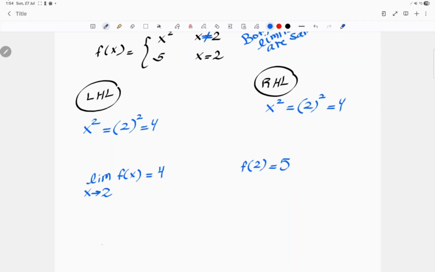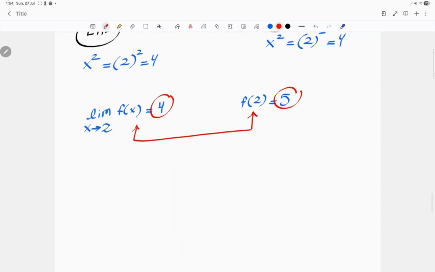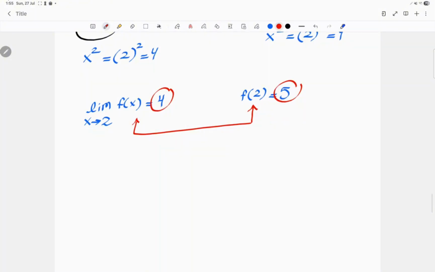So now my question to you is, is the limit the same as the value of the function at 2? Or are they different? One is 4, one is 5. At least tell me, are those the same number or different numbers? Okay, so they're different numbers, right? So the limit as x approaches 2 is not the same thing as f of 2.